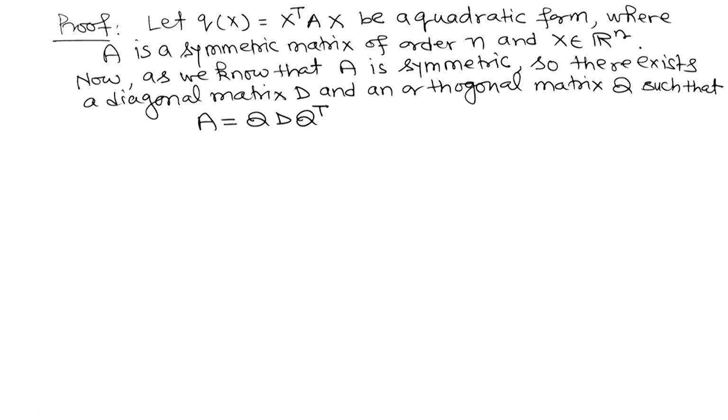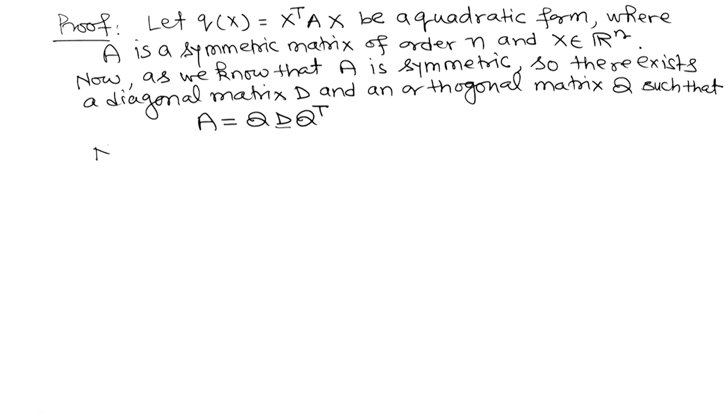Means, as we discussed earlier also, if A is a symmetric matrix, it is always diagonalizable, and here the diagonal matrix D will have the eigenvalues of A as the main diagonal entries, and Q will come from the eigenvectors of A, which you can write as an orthogonal set of eigenvectors.